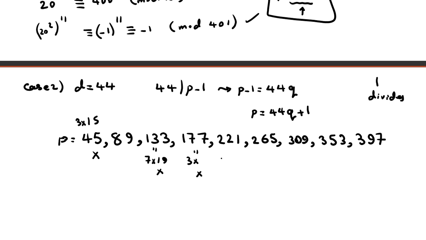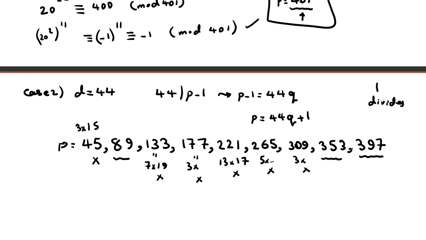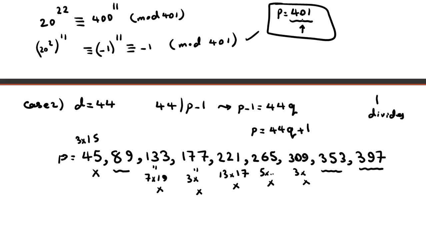If you divide by 13, it will be 13 times 17. Then 91 will be 7 times 13. And it is not prime, it's a multiple of 5 times something, it's bad. It is a multiple of 3, it's bad, you don't need to check. So we need to check 89, 353, 397. And after checking all these cases, we know 401 works.